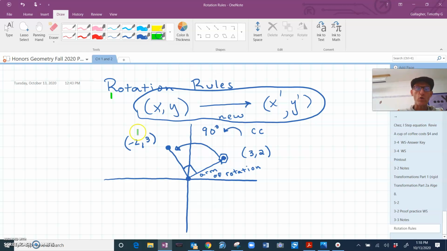And the question is, how does that relate to the pre-image, the beginning point? I'm going from here, rotating it to here.